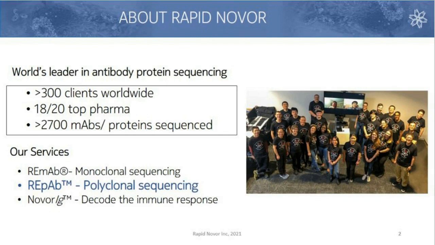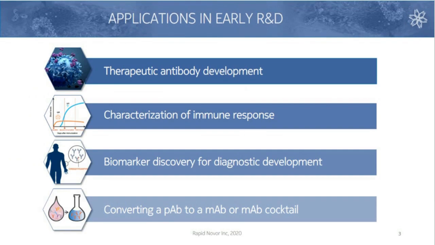So what we're going to do today is walk a little bit through different applications in early stage research and development, which is usually where a lot of our clients are coming to us and working with us. There's been a lot of interest from teams in therapeutic antibody development, teams that are keen on characterizing an immune response, which could be in response to an immunization protocol or a vaccine.